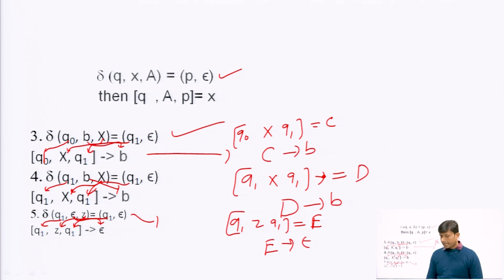After or before simplification, whatever language is generated by this context free grammar will be the same language accepted by the push down automata. So this is the process to convert your push down automata to context free grammar.